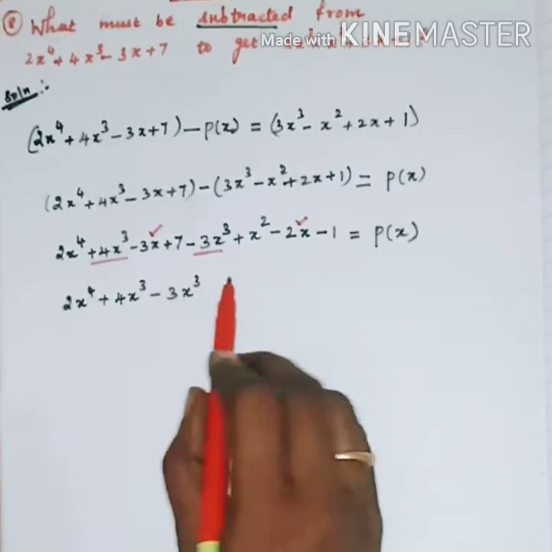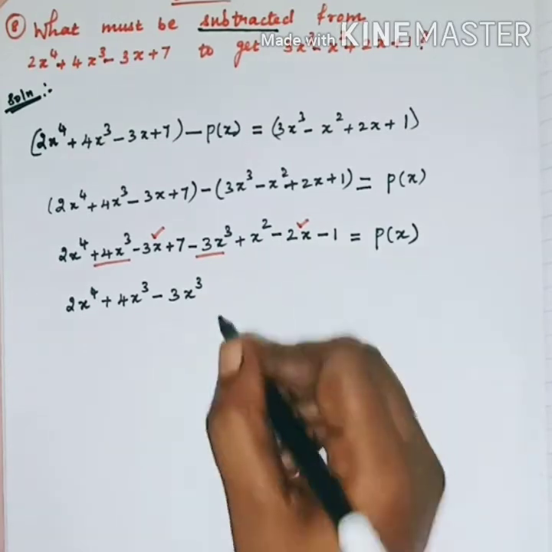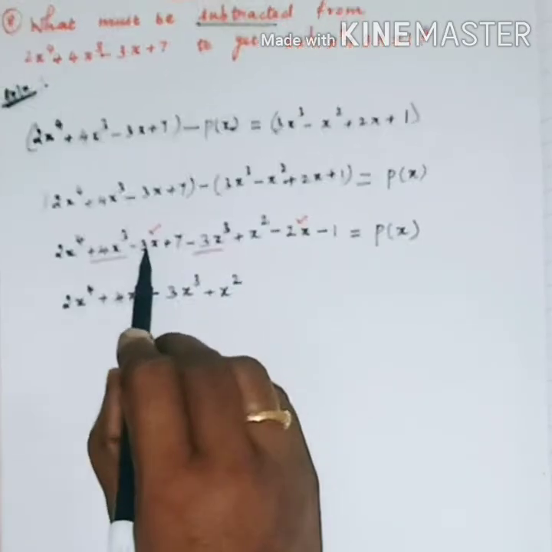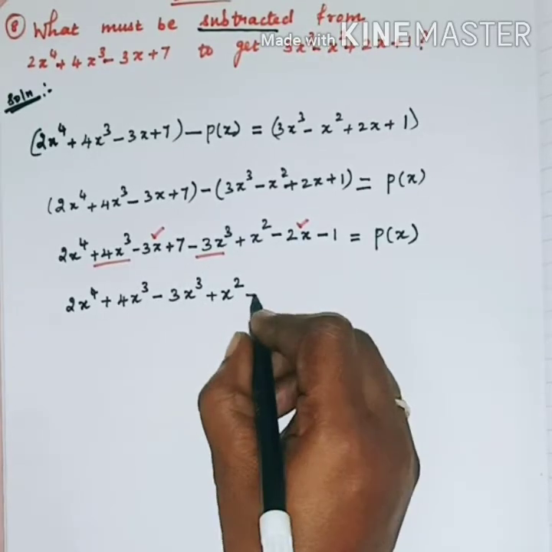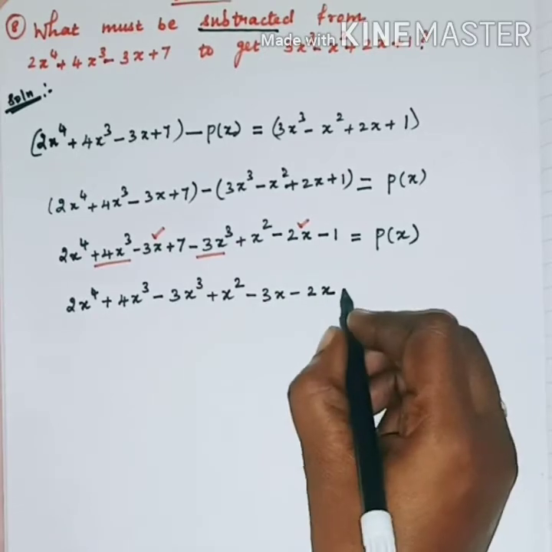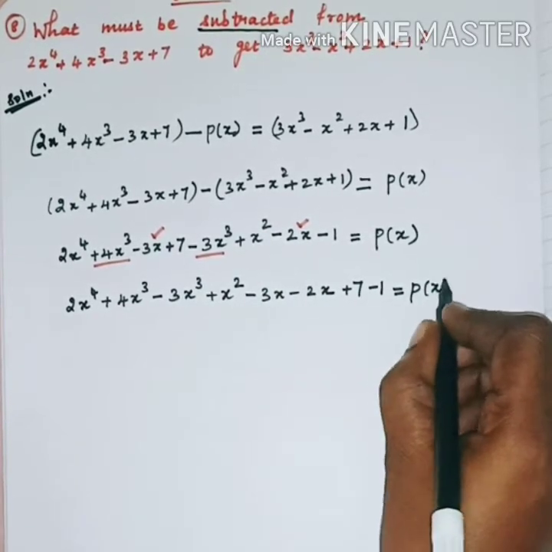Before that, x square term is there. Only one x square term is here. So write that plus x square as it is, and then two x terms we have. So minus 3x minus 2x. Then constant terms are plus 7 minus 1 is equal to p of x.